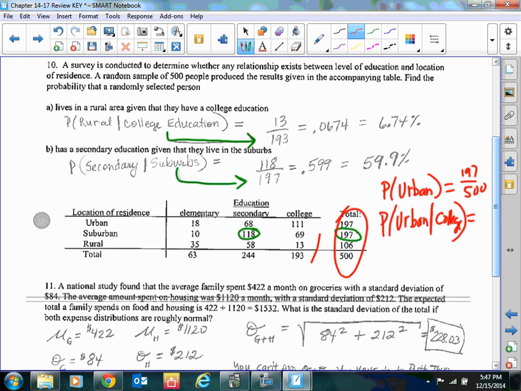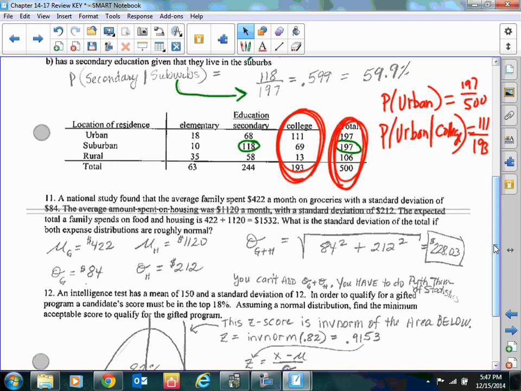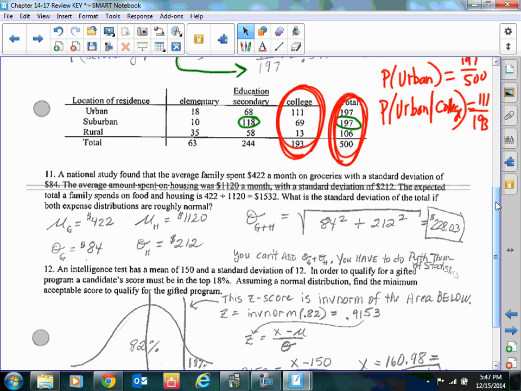That is in this section. Out of the 193 that went to college, the urban portion is 111, and you check to see if this conditional probability is the same as the overall probability. That is how you check independence. Given that you've gone to college, does that make you more or less likely to have done the other thing?